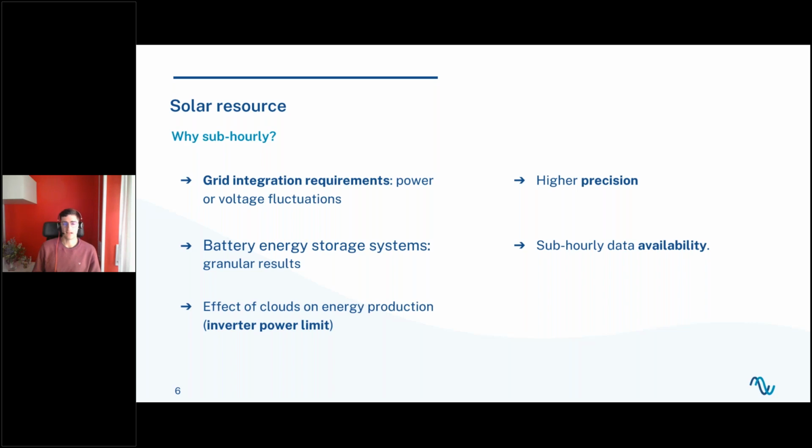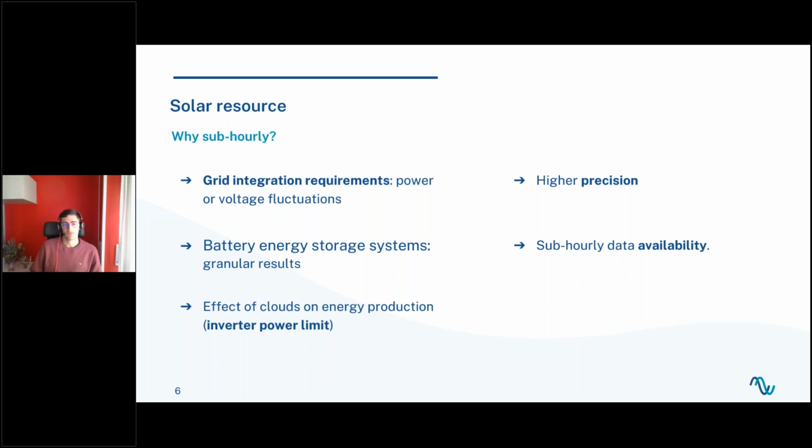They may ask for power or voltage fluctuations. To get those, we may need to use sub-hourly meteorological data so that we can know what fluctuations we are going to have for specific intervals, for 1-minute intervals, 15-minute intervals, 10, 5, or whatever.